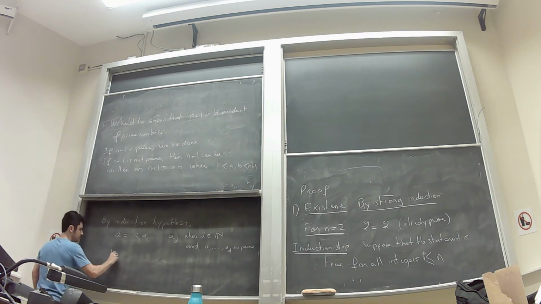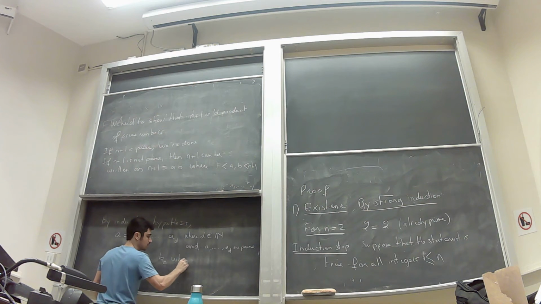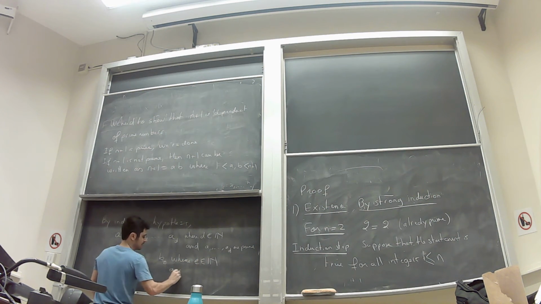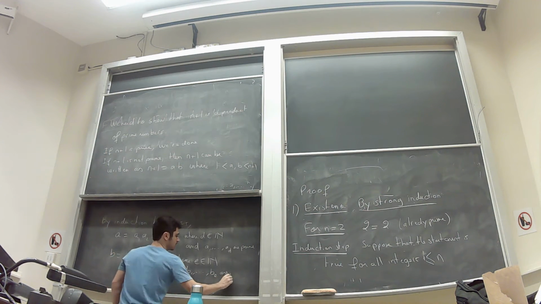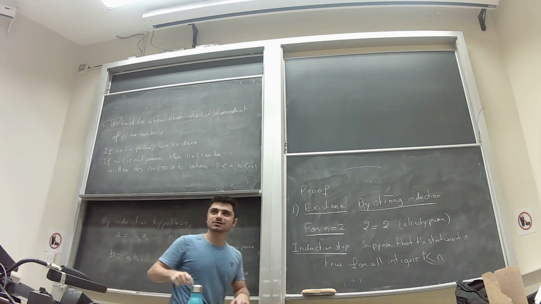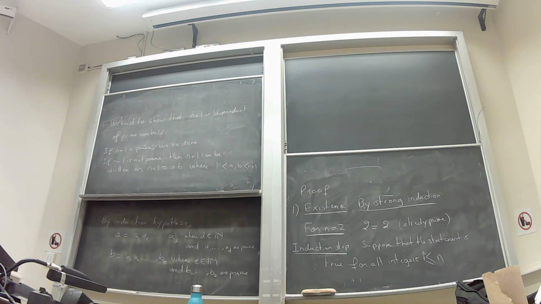And B can be written as B1, B2, up to BE, where E is in N, and B1 up to BE are prime. E not being the exponential, right? Okay?